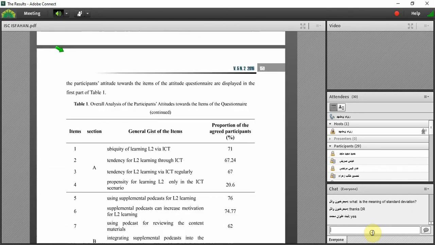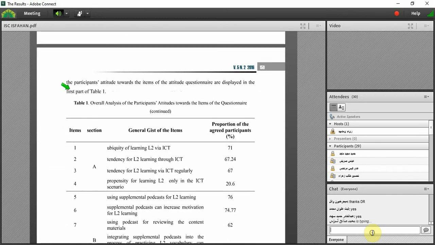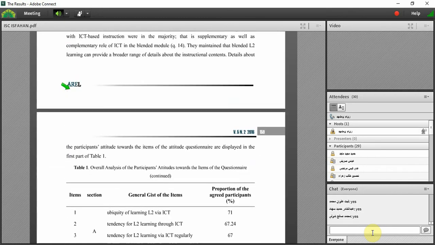So, this is a table, okay? And details. Okay, this is a text about this table. Some details about the participants' attitudes towards the items in the attitude questionnaires are displayed in the first part of table 1.